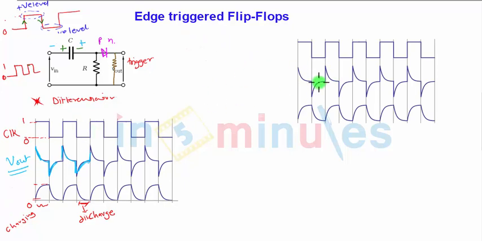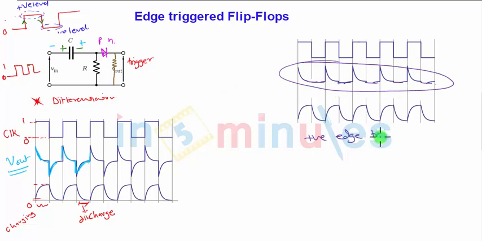Only the positive pulses will be allowed to pass through and the negative will be discarded. So this is nothing but the positive edge triggering. So I will call this positive edge triggering, and simply if you reverse the diode, then it will pass only negative pulses, and that is called a negative edge triggered flip-flop.